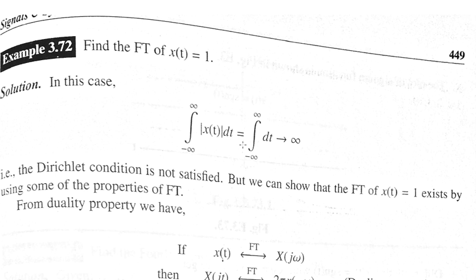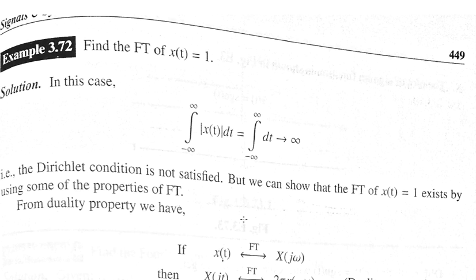So this integration will have e to the power j omega minus infinity and e to the power j omega plus infinity, which makes it not integrable. As it is not integrable, we need to go for some other method, and for this we use a property called duality.